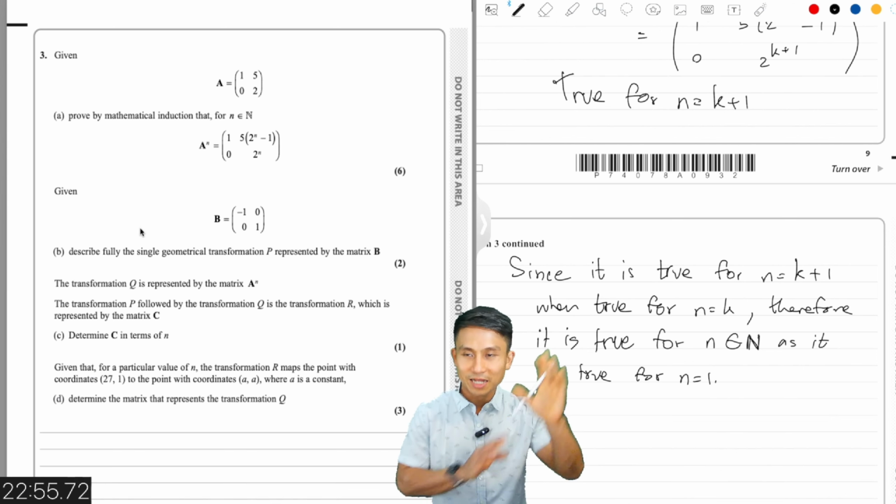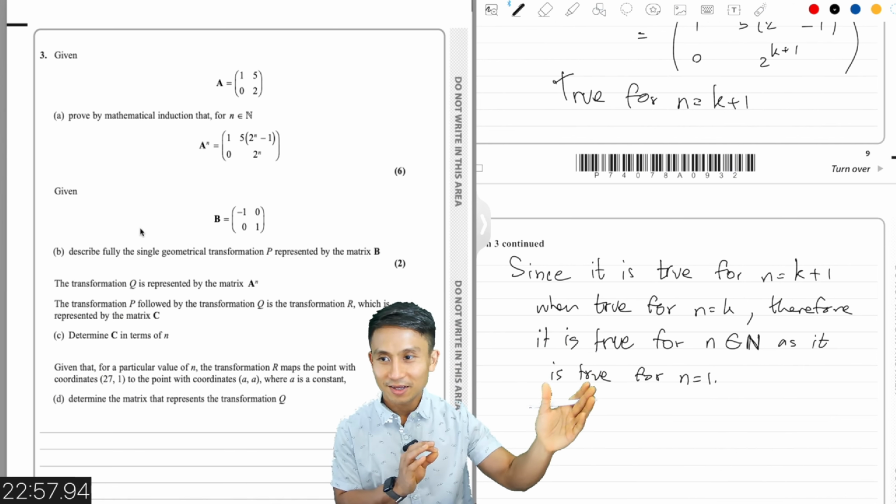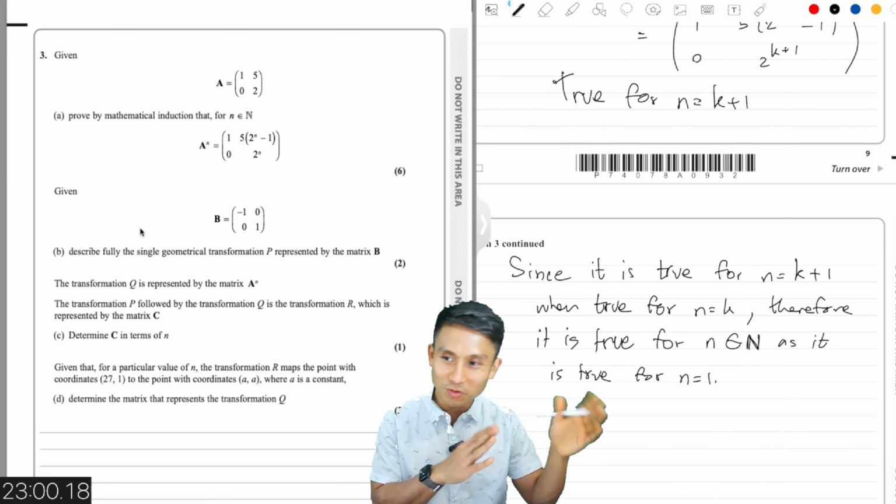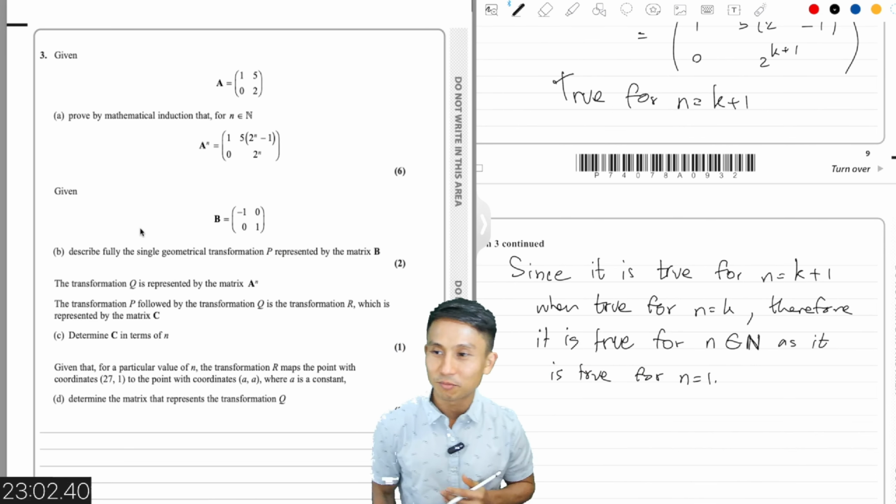So basically you just match up the k and the k plus 1 and the n equals 1 and the n equals any natural number.